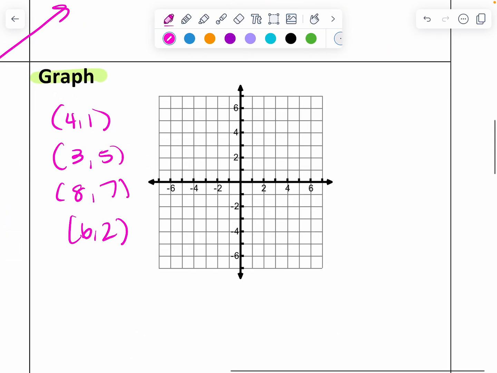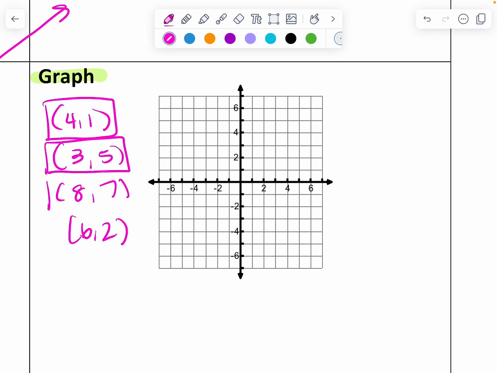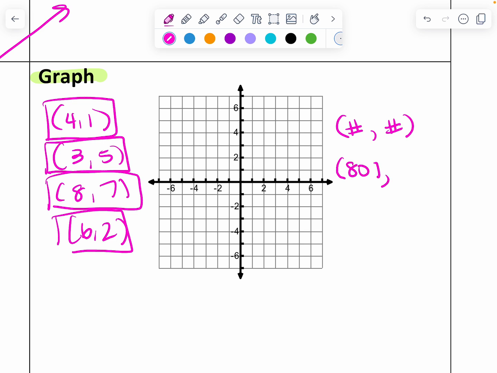So I'm going to graph these. There are 8 numbers, but only 4 points. So 4, 1 is the location of 1 dot. Think about the first number and the second number as an address. If I tell you I live at 801, you don't know where I live. If I only gave you that my address begins with 801, what are you going to do, find all the 801s in the world?